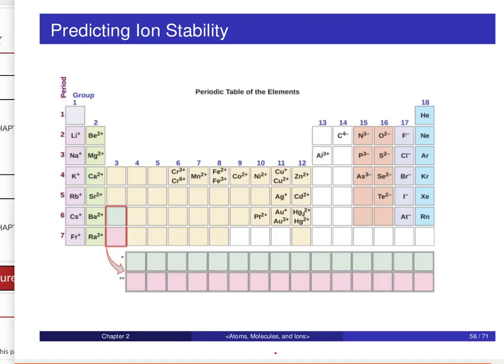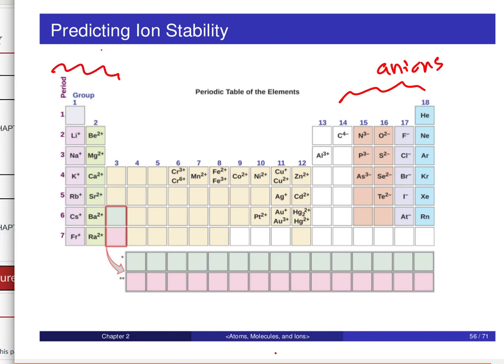Okay, so what we've seen here is we can actually predict the most stable ion by looking at the location of that element on the periodic table. We've seen how elements over here on the right-hand side will tend to form anions, becoming negatively charged to look like that noble gas.